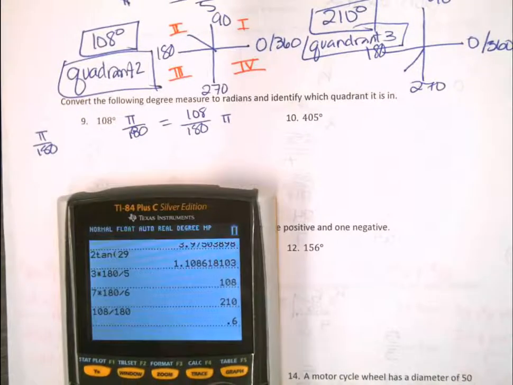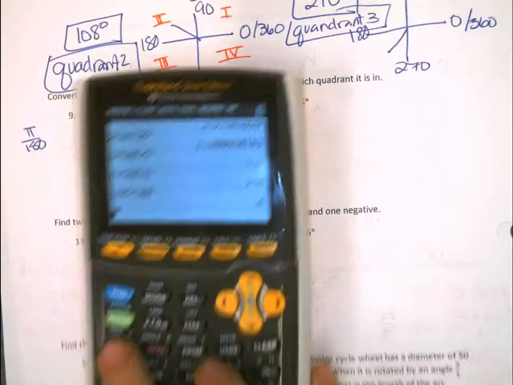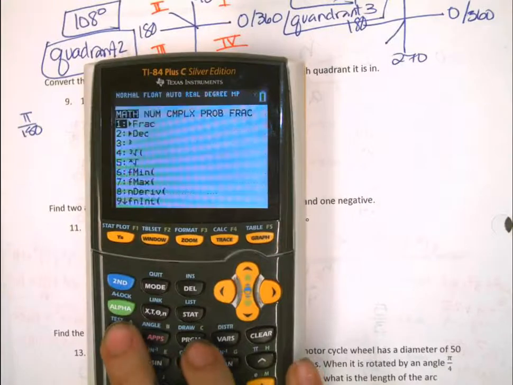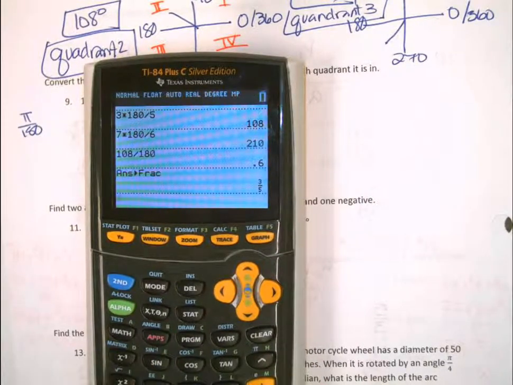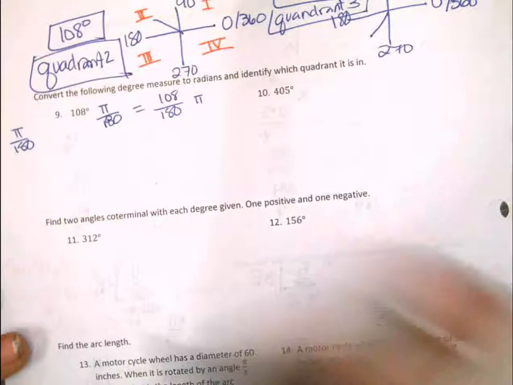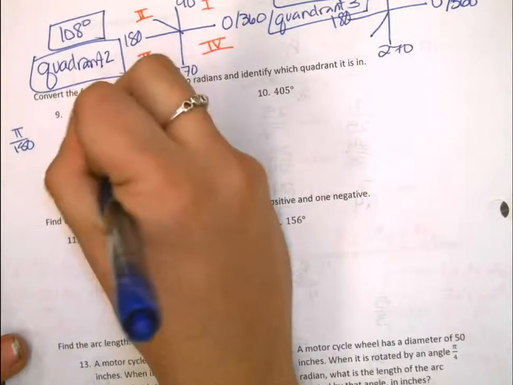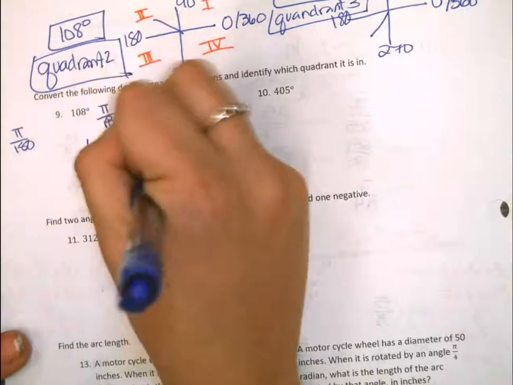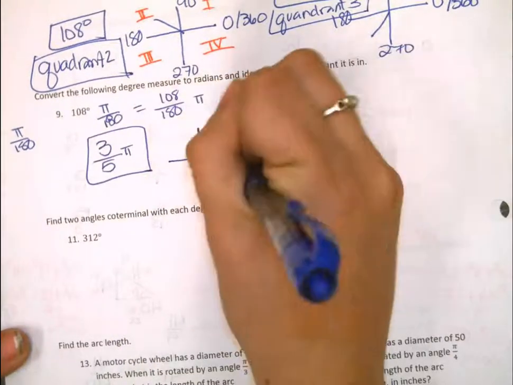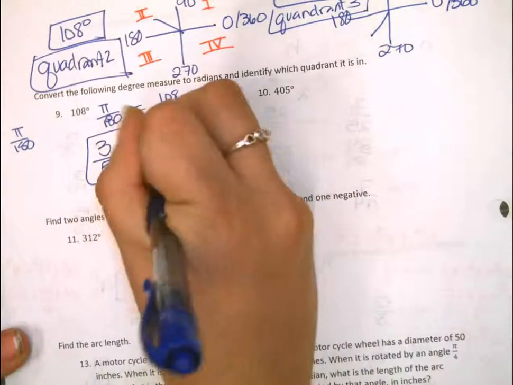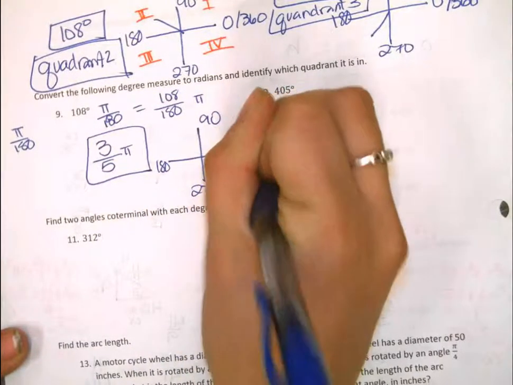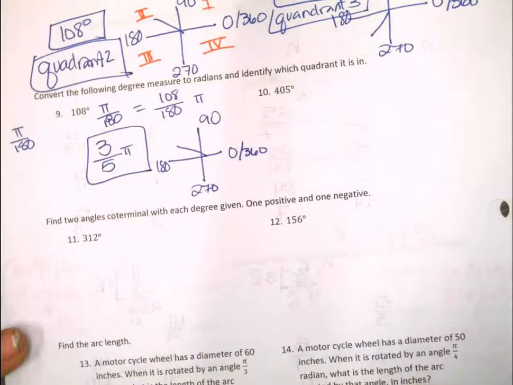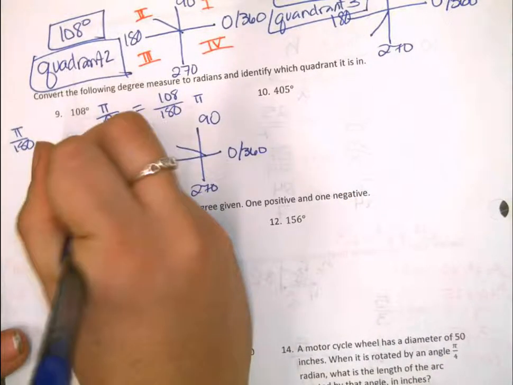Then I'm going to go to math, so the button right under alpha, and I press fraction, enter, and it turns it back into a fraction. So I have 3/5, and my answer will be 3/5 pi. And then if I go back and draw this on the quadrant map, I had a degree of 108, which is in between 90 and 180, which is quadrant 2.